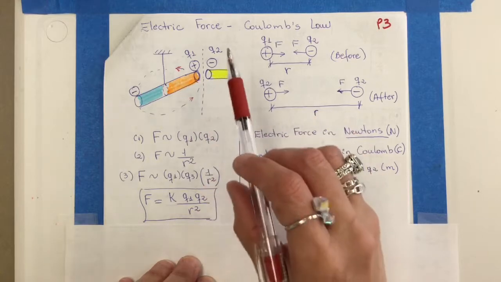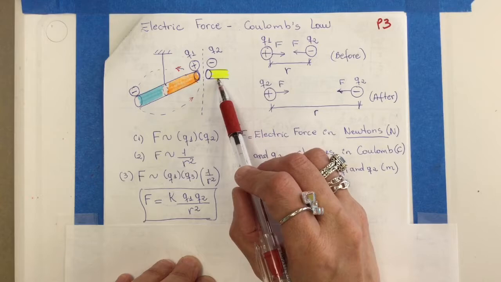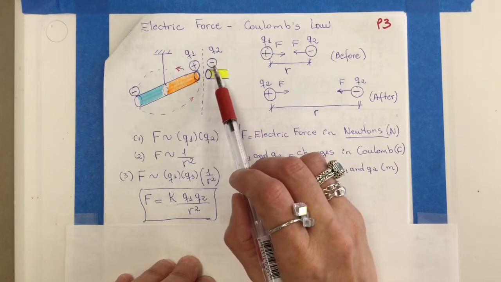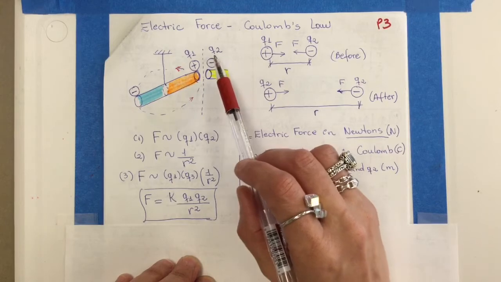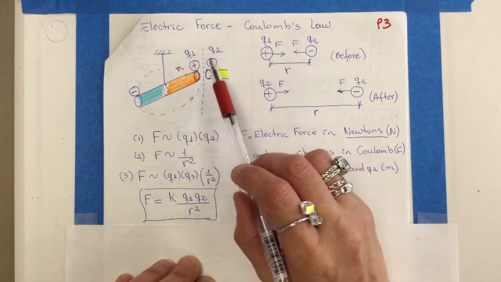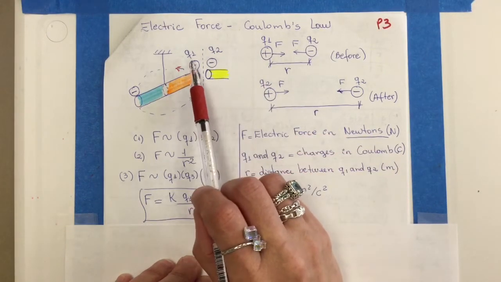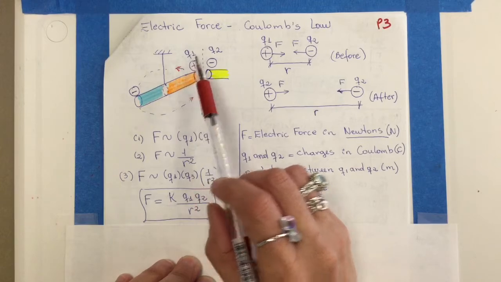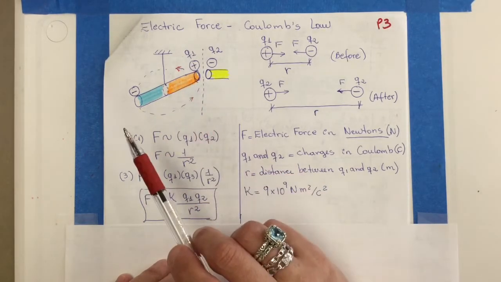In this case, this terminal of the second rod is negatively charged, and we are going to call this charge Q2, because Q is the symbol for charge. And let's call this one Q1, which is the charge of this rod.